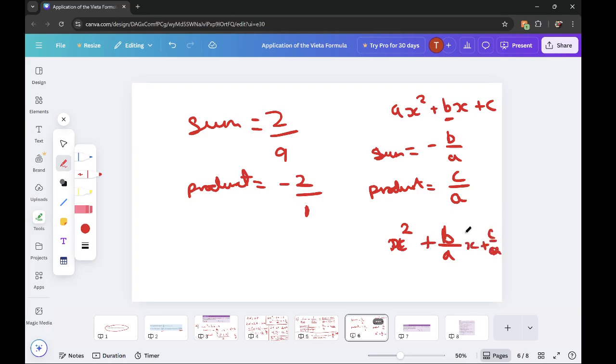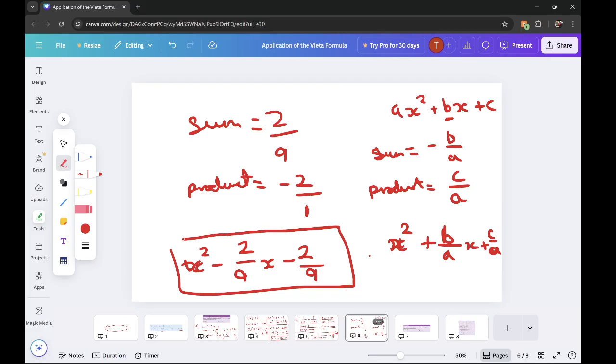This is what our equation can be written as, because if we apply our sum and product over here and we remove this a from here, we should get this over here. And as soon as we get this, we just plug in whatever we have. So x squared, b over a is the sum, minus b over a, minus 2 over 9. So x squared minus 2 over 9 x minus 2 over 9. That is our final equation right there.